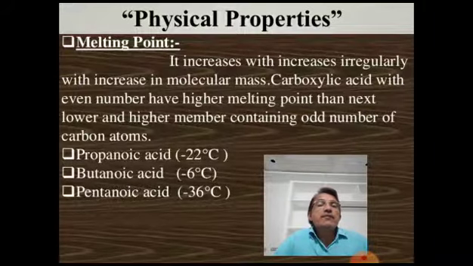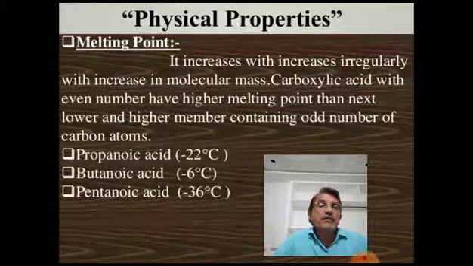Previously we studied boiling points. Boiling points are continuously increasing as the molecular weight of carboxylic acid increases. Whereas in the case of melting point, irregularity is observed.